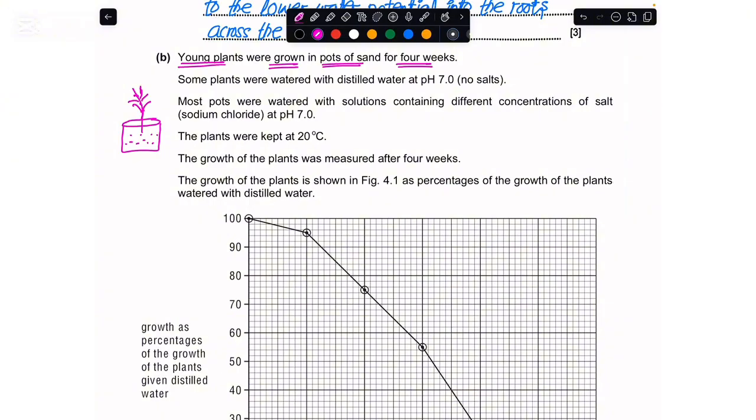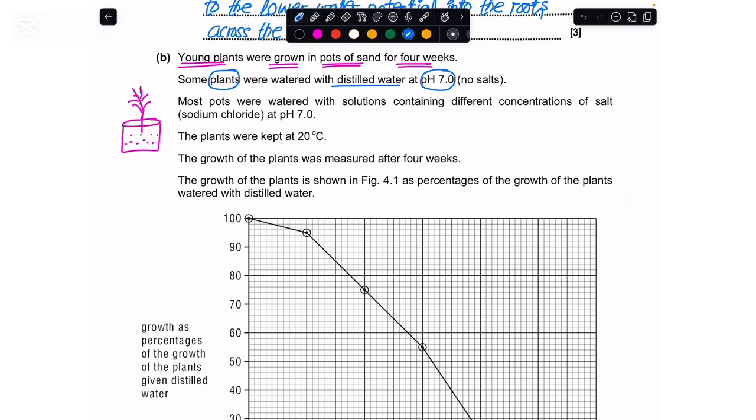Now, among the various pots which the investigator would be setting in an experiment, some plants were watered with distilled water, and the pH of the water was kept at 7, and by distilled water, what we mean is that there would be no presence of any ions or salts in it.